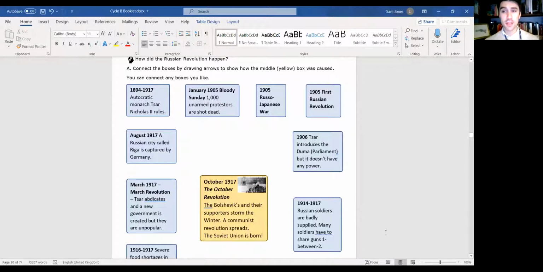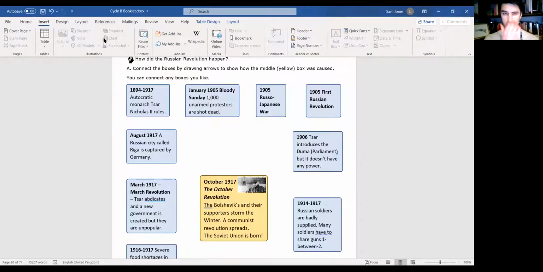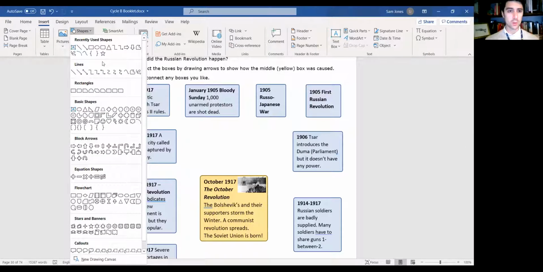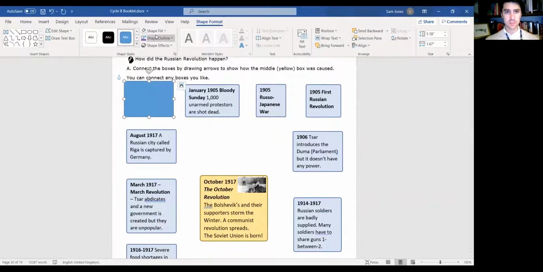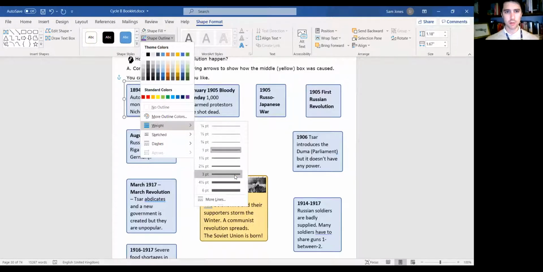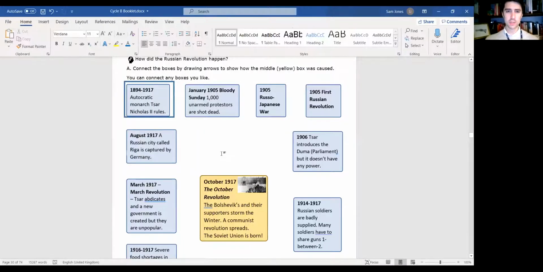They go roughly in chronological order, starting with the first box at the top there, 1894, an autocratic monarch, Tsar Nicholas II, rules Russia. So you start effectively with the box that I have just put a box around. That's where you're going to start. And you're going to make connections, as I said.